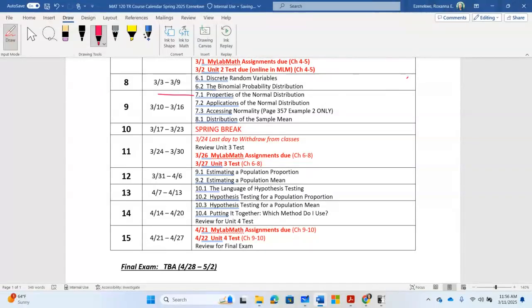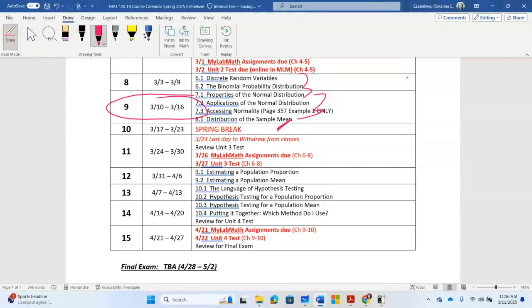We are here with chapter 8. And what have we covered here? We have done 6.1, 6.2. We have done normal distribution, 7.1, 7.2, 7.3. Assessing normality, we have to go back to assessing normality. Then distribution of sample mean. That's what we're talking about now.